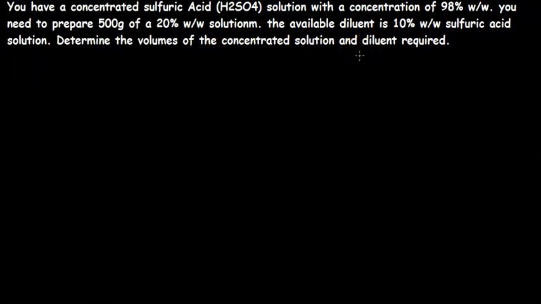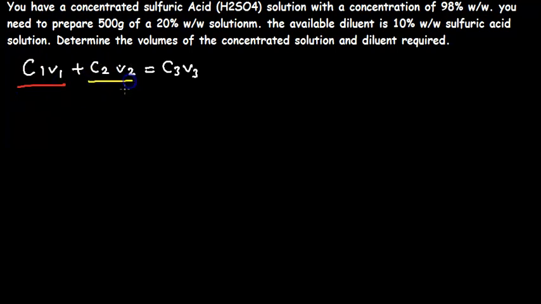I think this is where the problems start getting more complicated. To prepare the desired solution for this kind of problem, we can use the principle of dilution, which is given to be C1 V1 plus C2 V2, which is simply going to be C3 V3. In this case, our C1 and V1 are the concentration and volume of the concentrated solution.